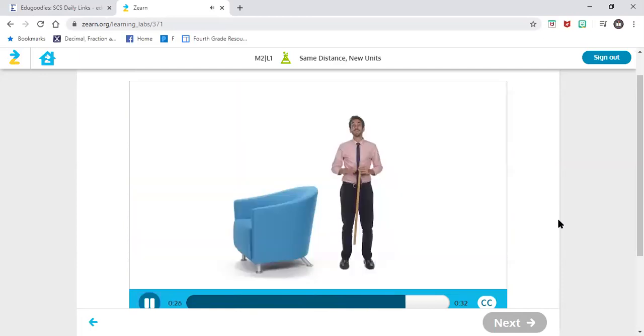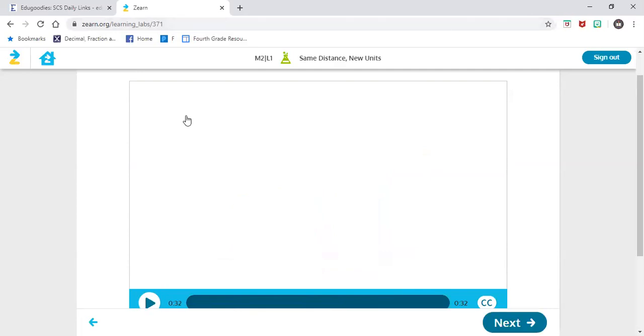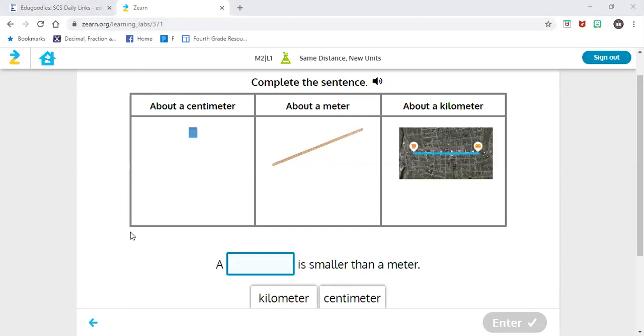Now let's complete the sentences to compare these units. All right, so let's see. A blank is smaller than a meter.